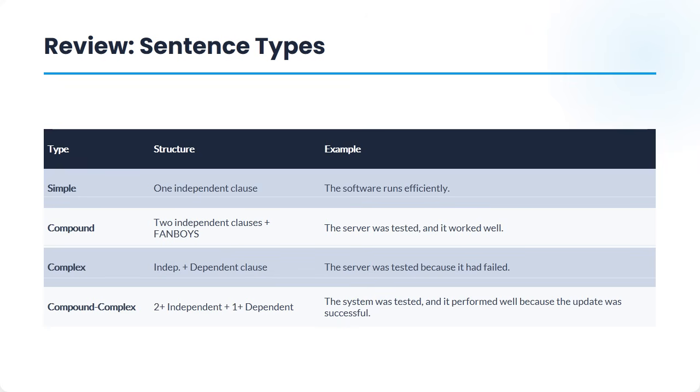So the rule is to put two independent clauses separated by a comma, then a dependent clause starting with a conjunction. Here the dependent clause is because the update was successful.